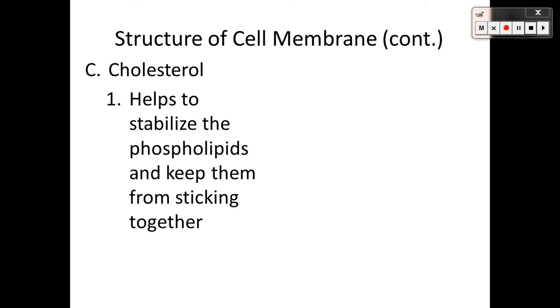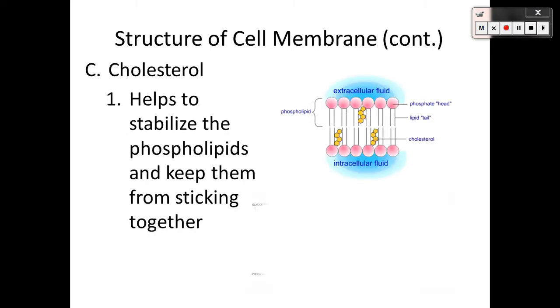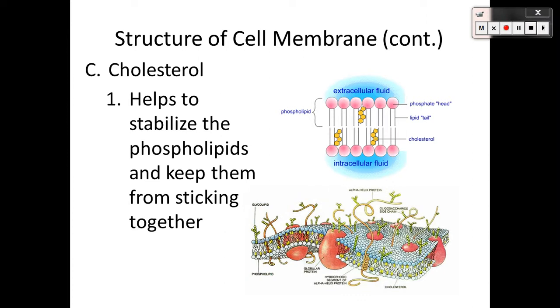Its job is to help stabilize phospholipids and keep them from sticking together. Our fatty acid tails, when they're hanging out here in the center, have a tendency to want to stick with each other. We don't want that to happen, because we want our cell membrane to be able to move around and do what it needs to do.